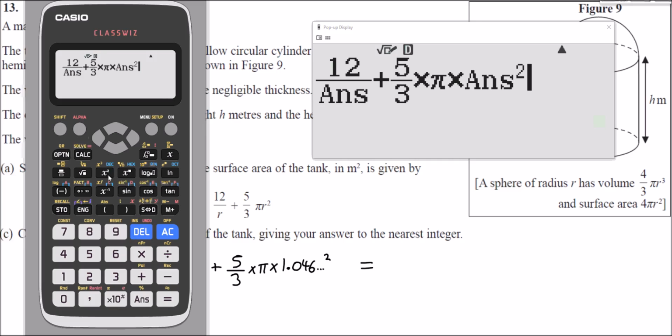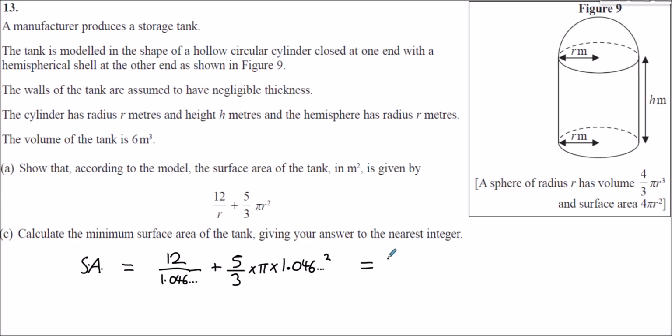This will give us exactly the surface area of that tank. I get 17.201 and so on, which seems reasonable. But now we need to give our answer to the nearest integer. So to the nearest whole number, that gives 17. So the surface area to the nearest whole integer is 17 square meters.